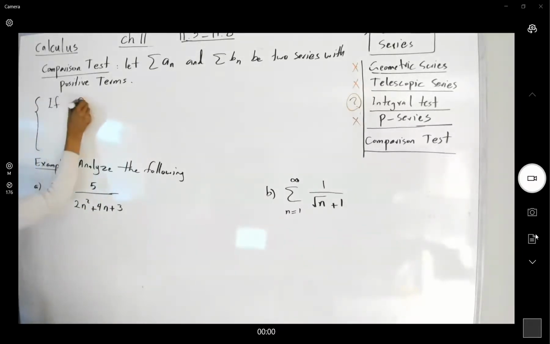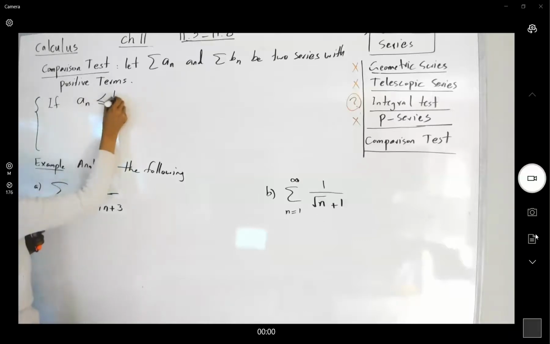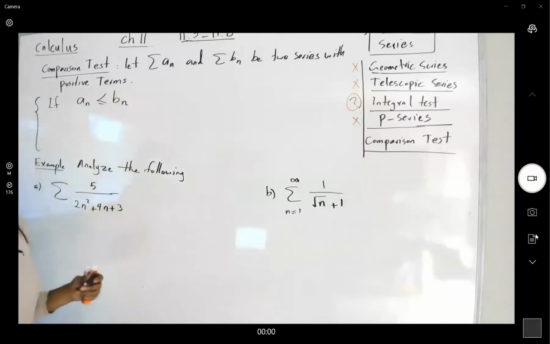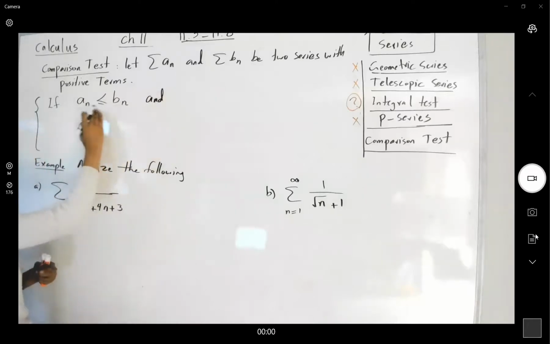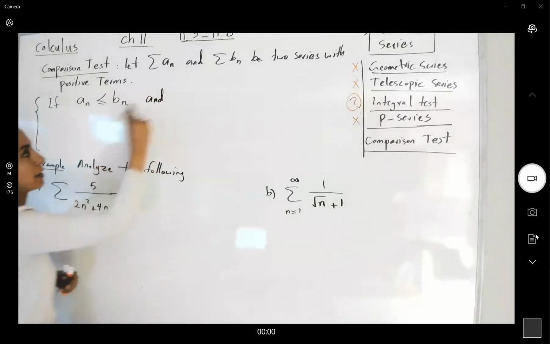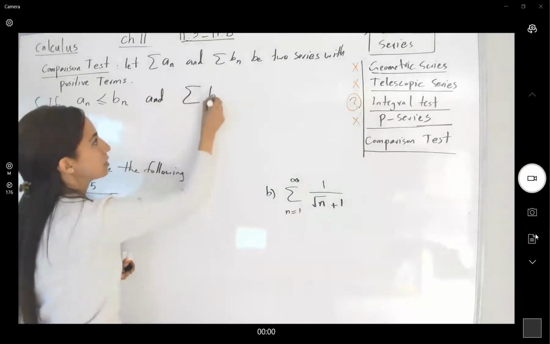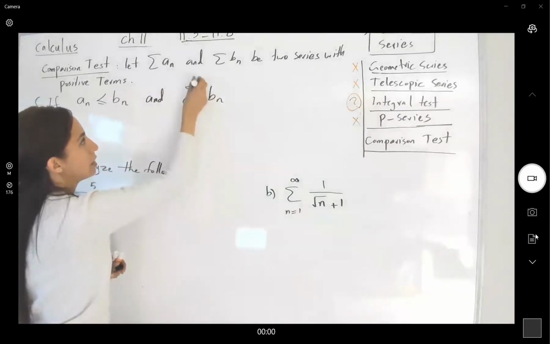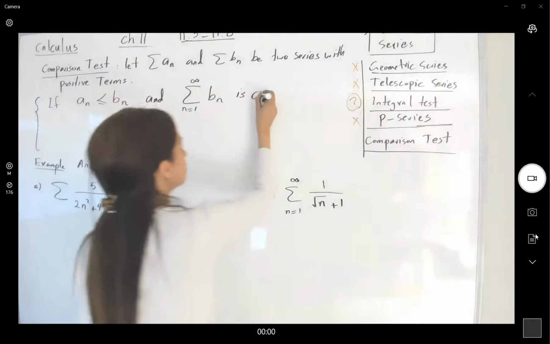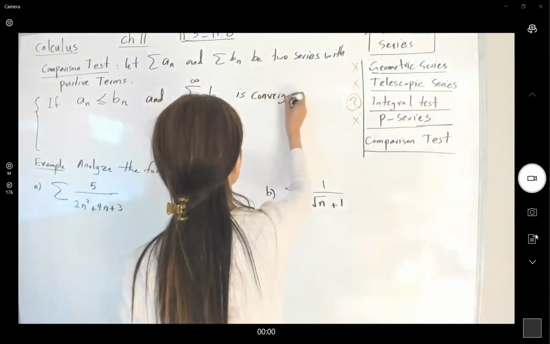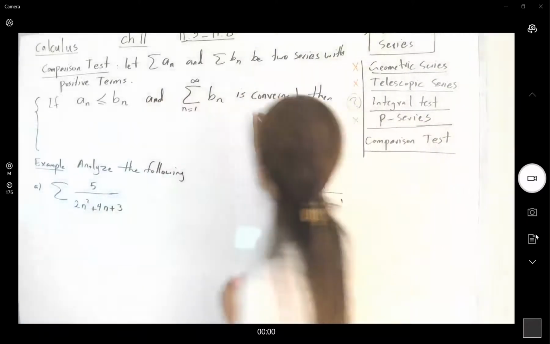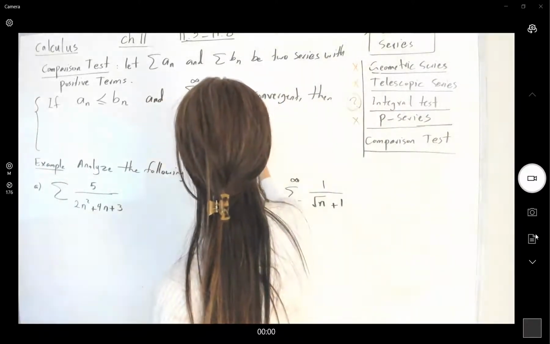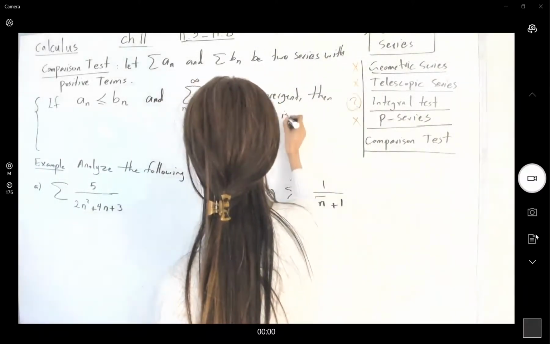If AN is less than or equal to BN, and the series BN is convergent, then the smaller series is convergent.